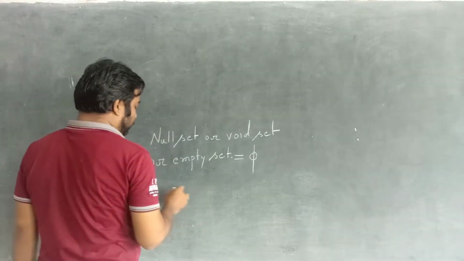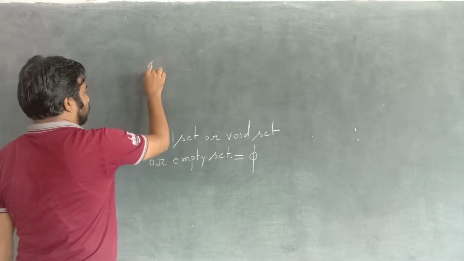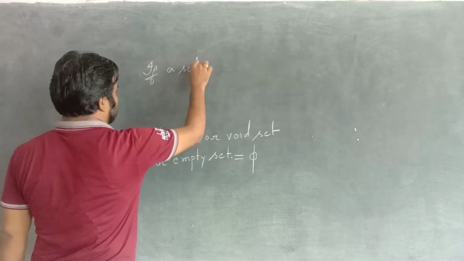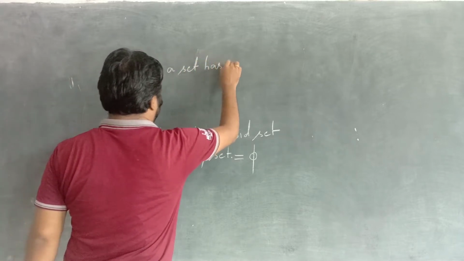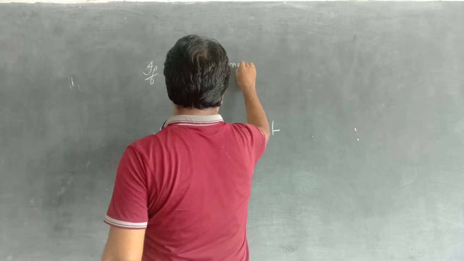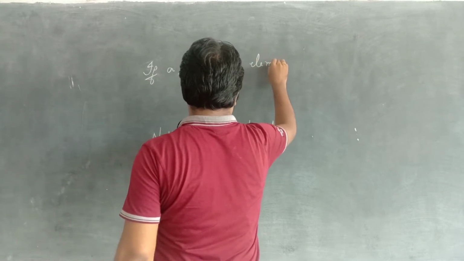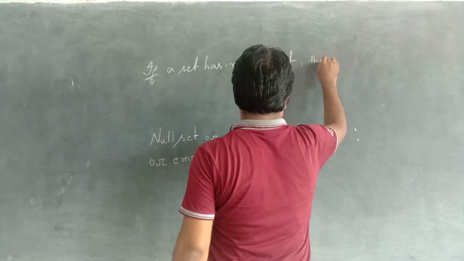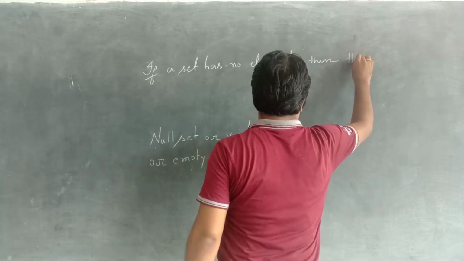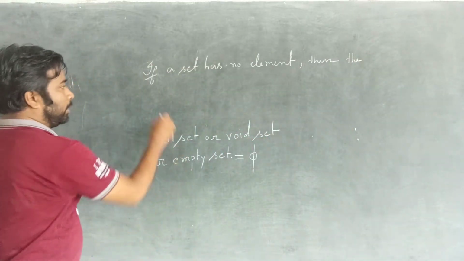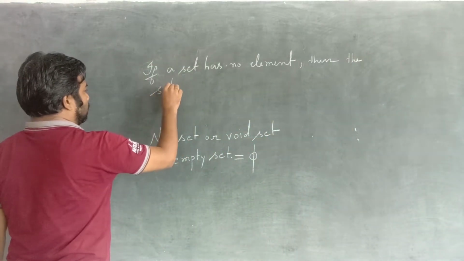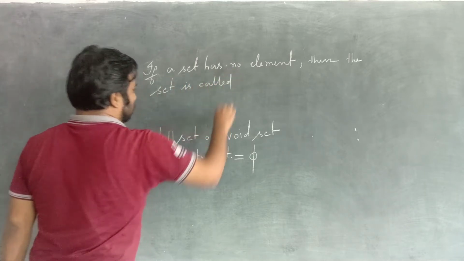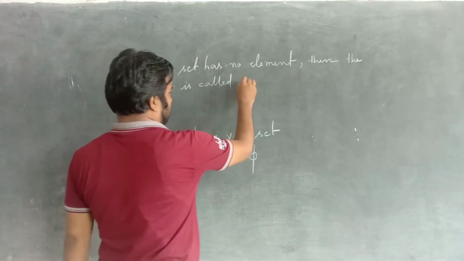The definition is, if a set has no element, then the set is called a null set.